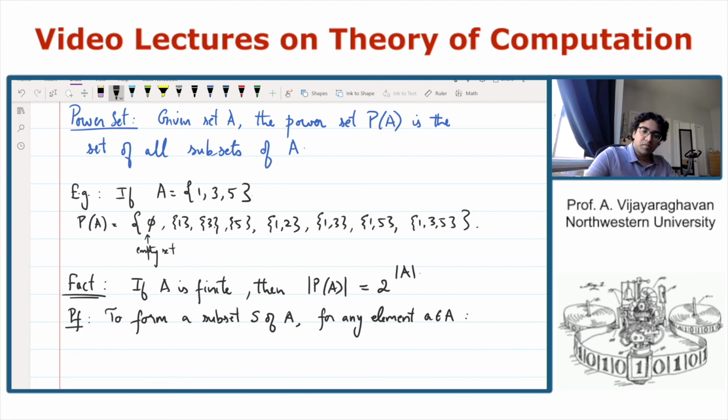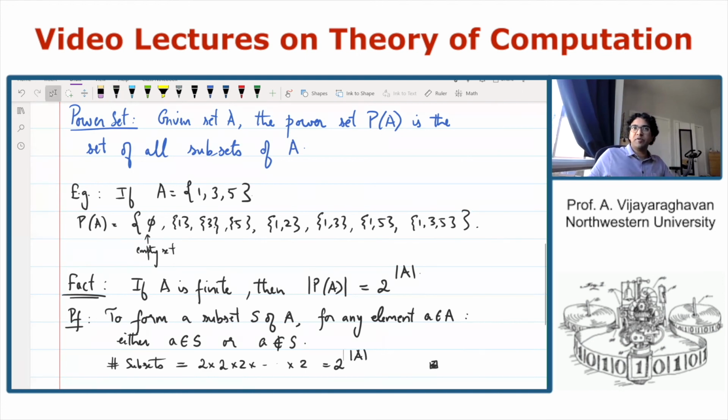Either the element is in S or it is not in S. So for the number of subsets that you can have, for each element you have two choices. For the first element of A, you have two choices, whether it should be in S or not. Similarly, 2 times 2, and so on. And this is for every element of A, so it is 2 raised to the power of the size of A. Good. Now, here is the theorem.